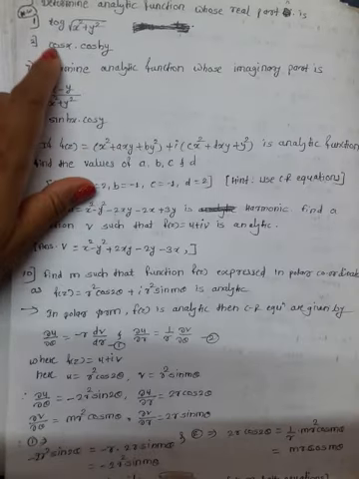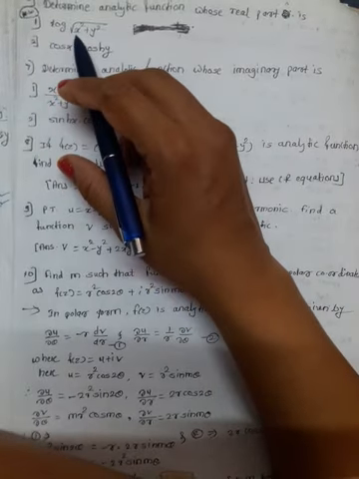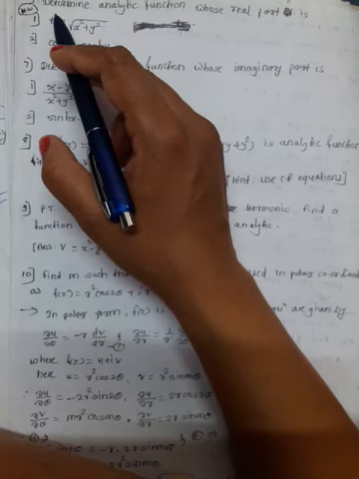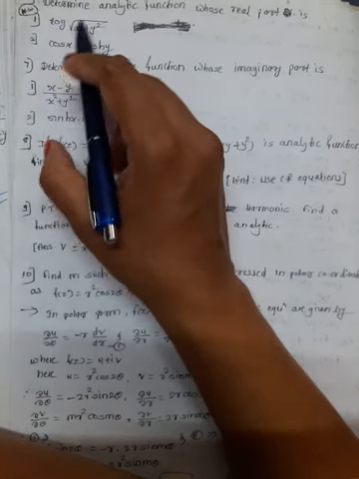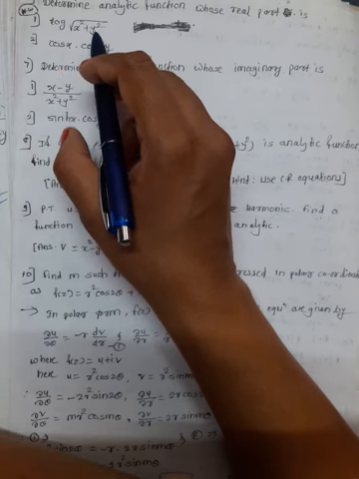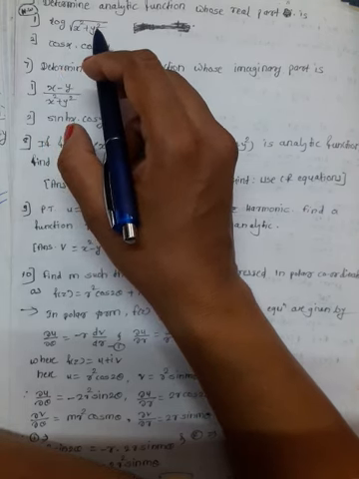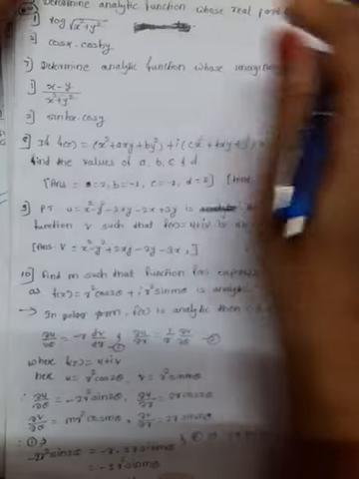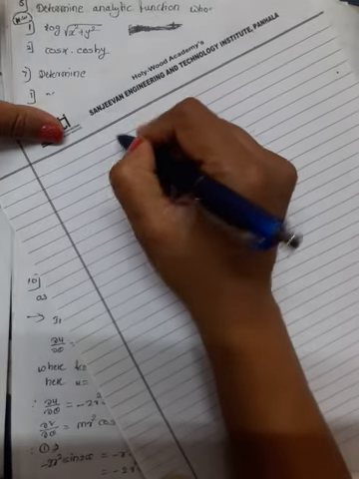The first example: you have to start with f(z) is equal to u plus iv, where u is equal to log of the square root of x square plus y square. You have to calculate as per the earlier example. You have to take derivatives of u with respect to x and with respect to y.